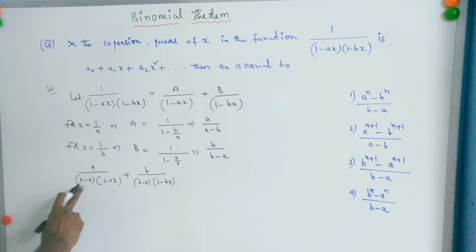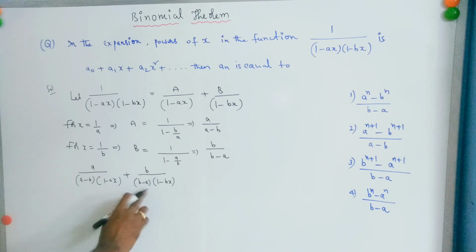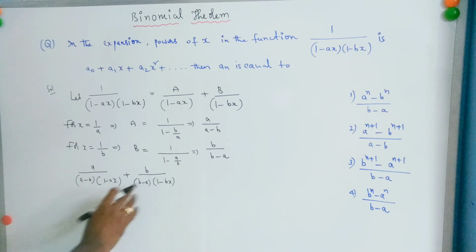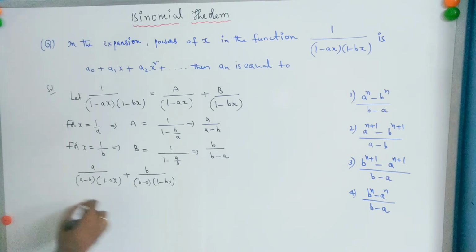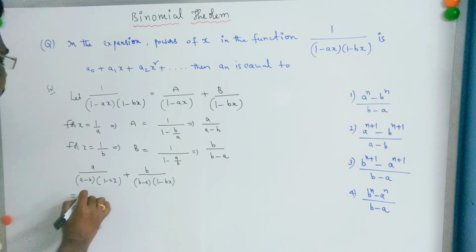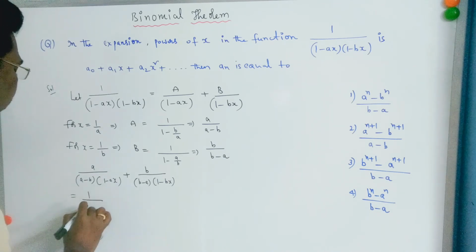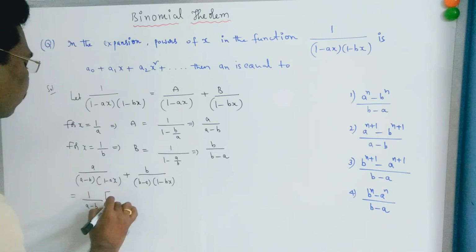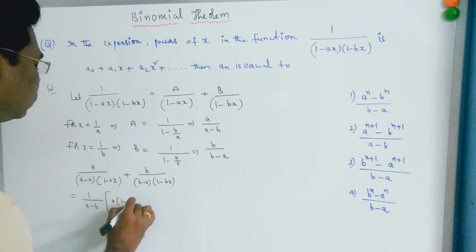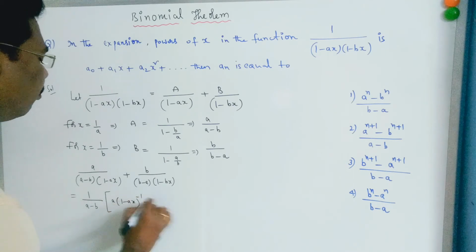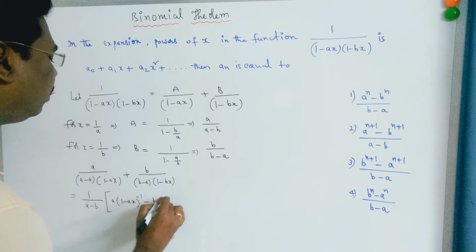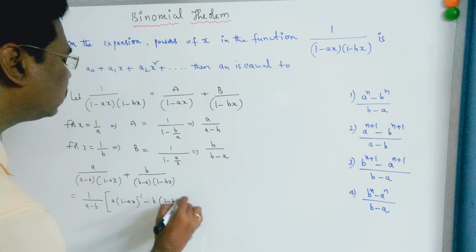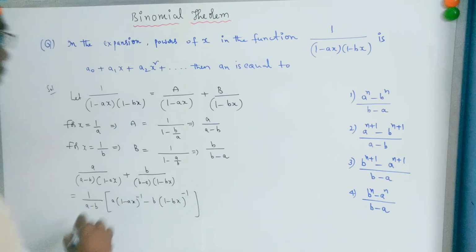Okay, now here a minus b, here b minus a is there. Now a minus b is common. Now it is equal to 1 by a minus b common, now a into (1 minus ax) power minus 1 minus b into (1 minus bx) power minus 1.